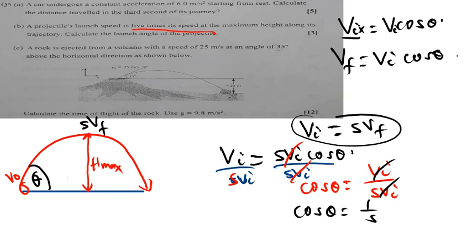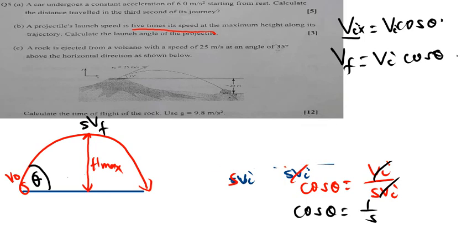What are we going to do? I'm going to get the inverse, so theta will be equal to cos inverse of 1 over 5. On the calculator, it's shift then cos, open brackets, 1 divided by 5, close the brackets.